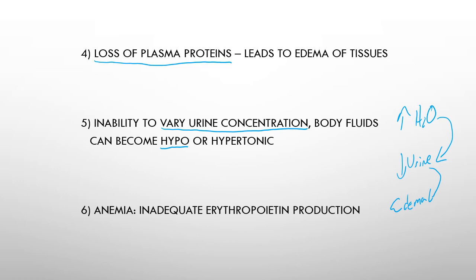As the kidney problems continue on, one of the things the kidneys are doing is monitoring oxygen carrying capabilities in the blood, so we have the potential loss or decrease in erythropoietin production. We're going to have a decrease in red blood cells, which leads to a decrease in oxygen to the tissues.